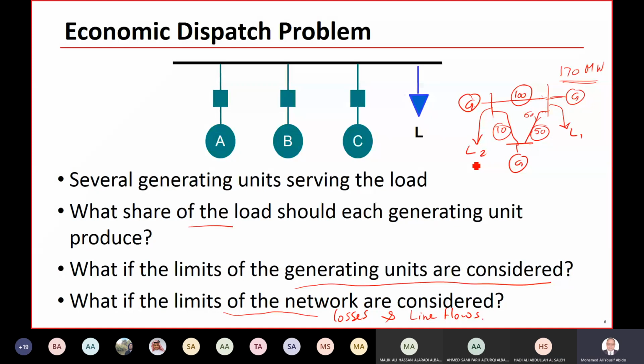Is there any violation? As you can see here, 60 is greater than 50 megawatt, so this line is overloaded. In this case, we have to revisit the economic dispatch problem and resolve it considering this violation. Clear, Doctor? Okay.